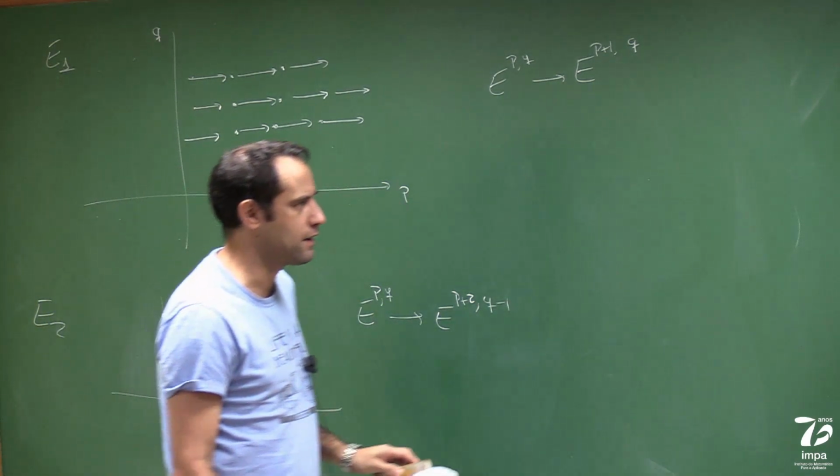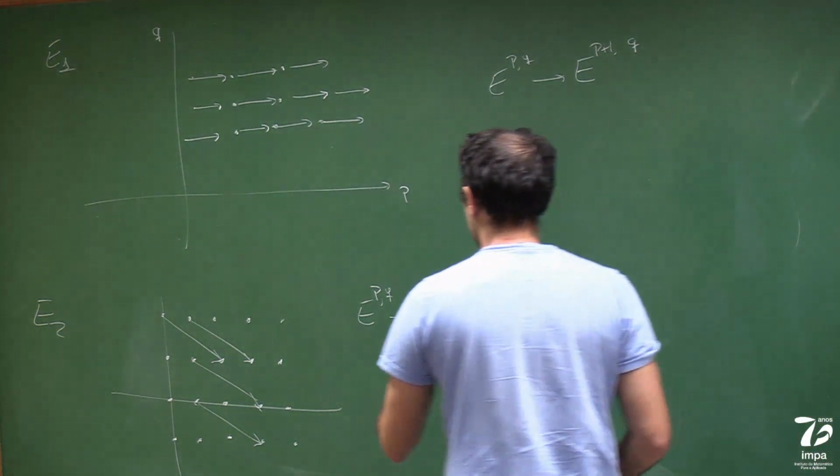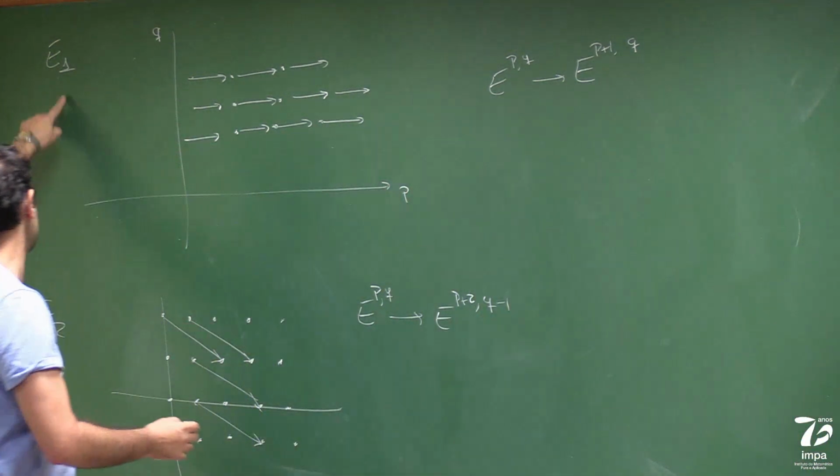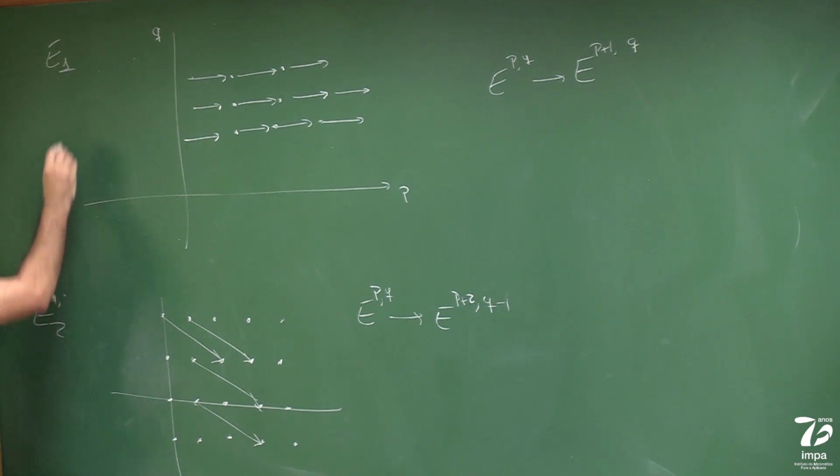Well, let's get there in a second. What is the condition that I'm going to require? I'm going to require that for each n, this differential vanishes at some point. So let's suppose that I know the differentials on the second page, these are called pages of the spectral sequence, all of these E_r's.